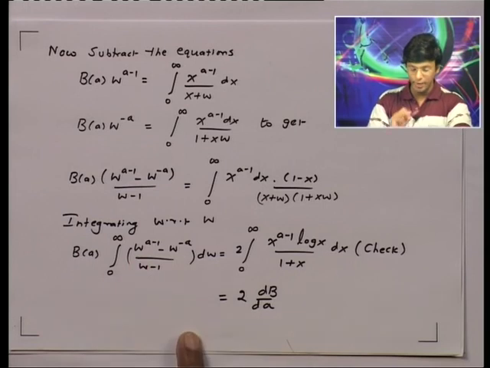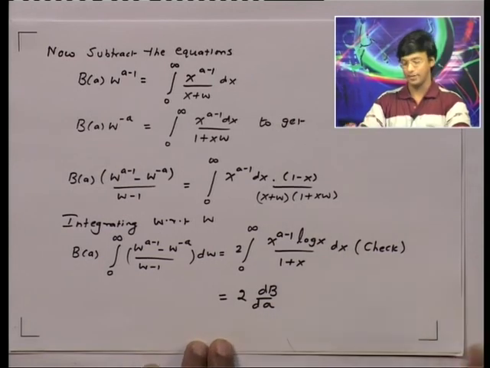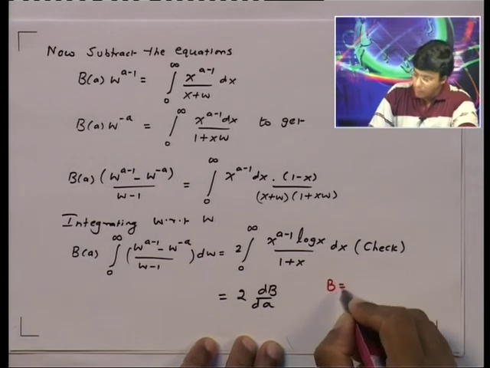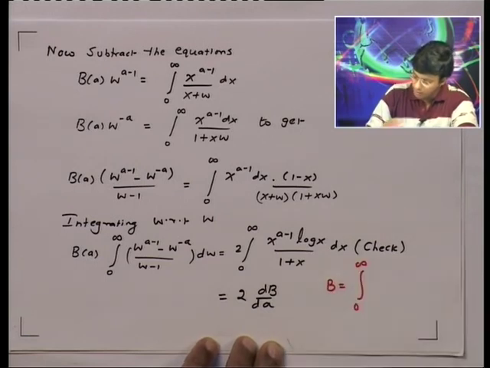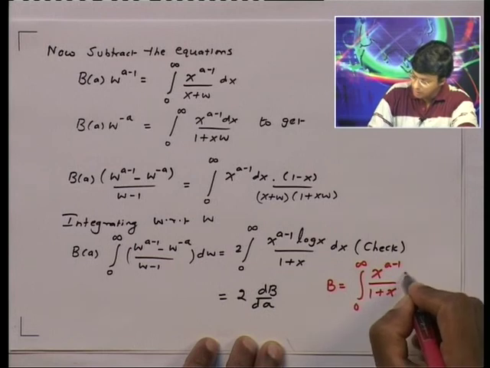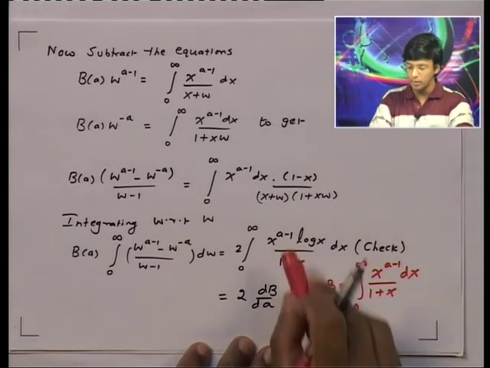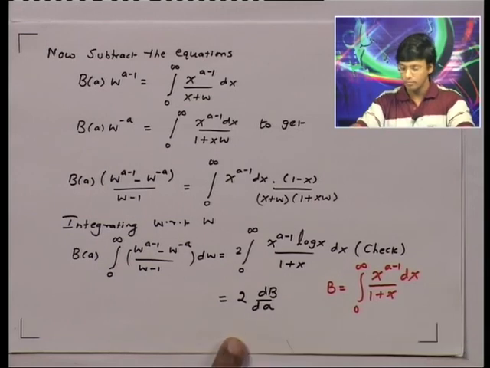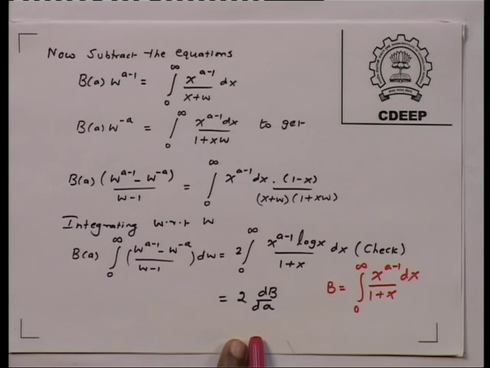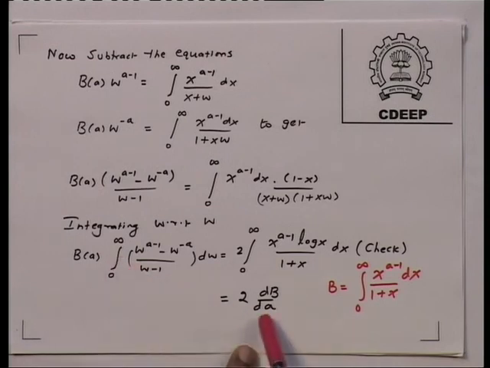Now, look at the right hand side. What is B again? Let me write down B for you. Remember what is B? B is the integral 0 to infinity x^(a-1) upon (1 + x) dx, correct. So, what is this integral really? What is this integral? It is dB by da, correct. So, let's write this also.